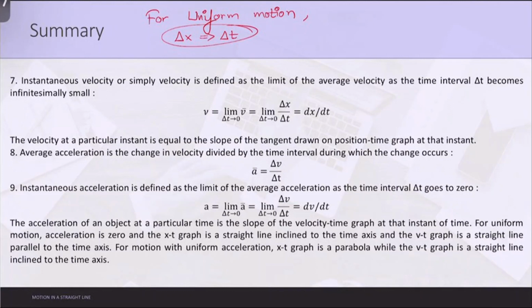What does it basically mean? That dx by dt is constant. Correct? So if dx by dt is constant, let's say it is equal to k. If not k, it is equal to v.